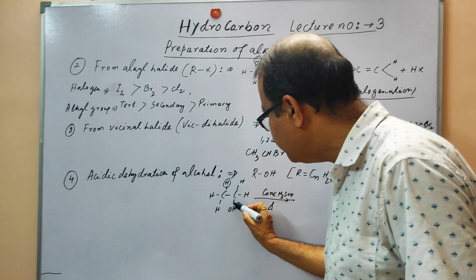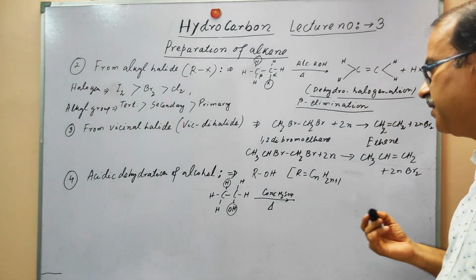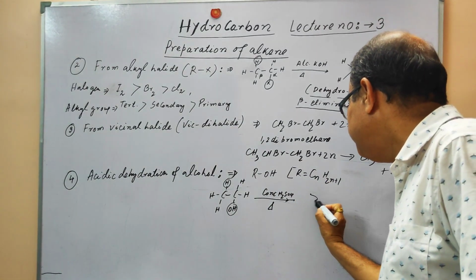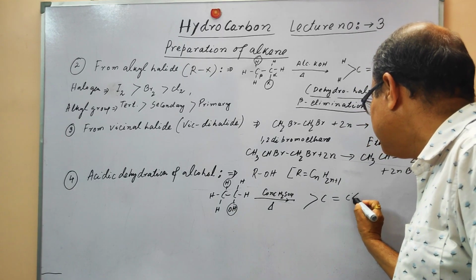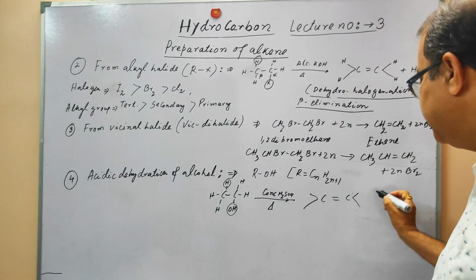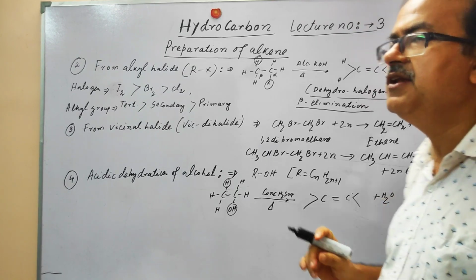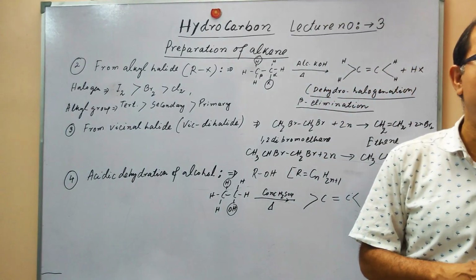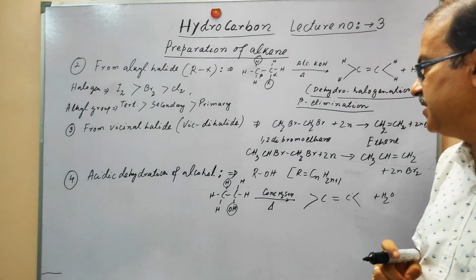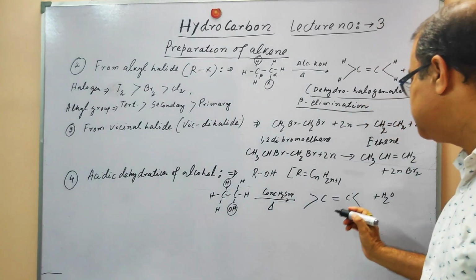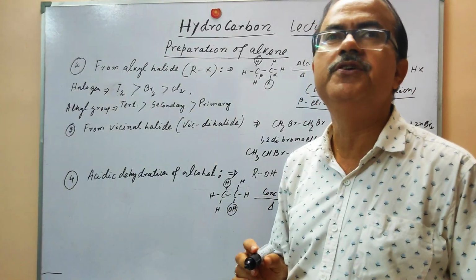This hydrogen and this OH become H2O. It comes out from this alcohol and it is going to produce the alkene and H2O. Because there is an elimination of one molecule of H2O, it is also called dehydration, acidic dehydration. We can also say this is a beta elimination reaction because the hydrogen has been removed from the beta position.